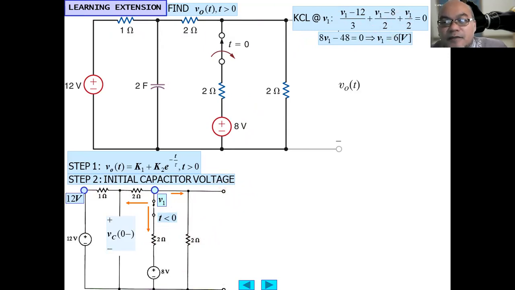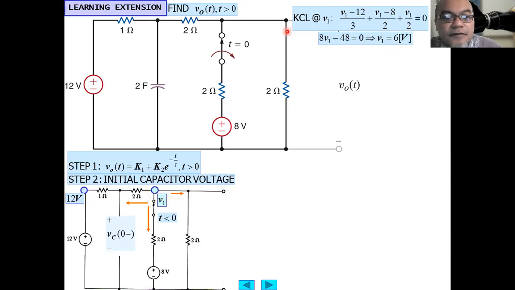Then we multiply with 6, so we obtain 2 V1 plus 3 V1 plus 3 V1 equals 8 V1, then minus 48 equals 0, where we obtain V1 equals 6 volt.